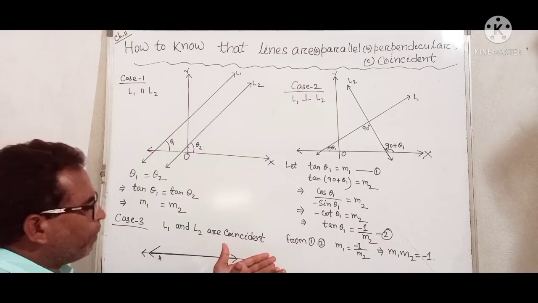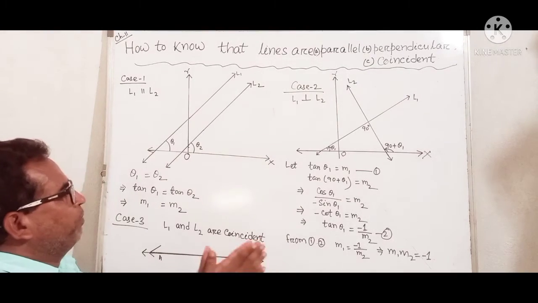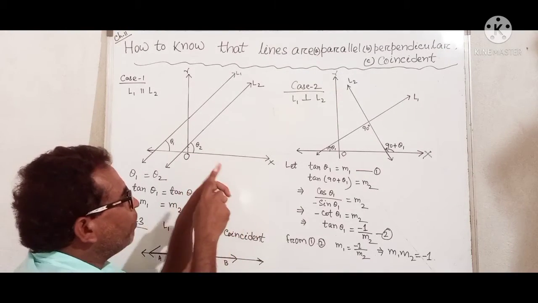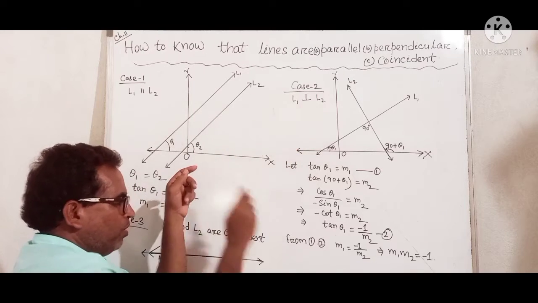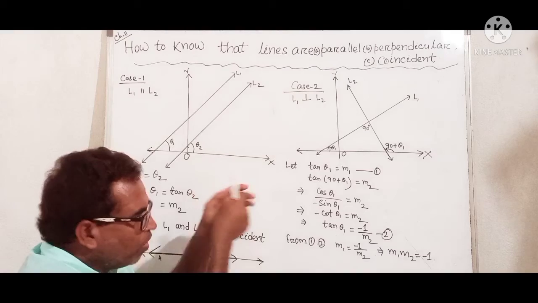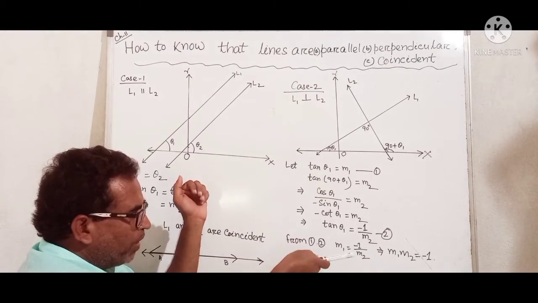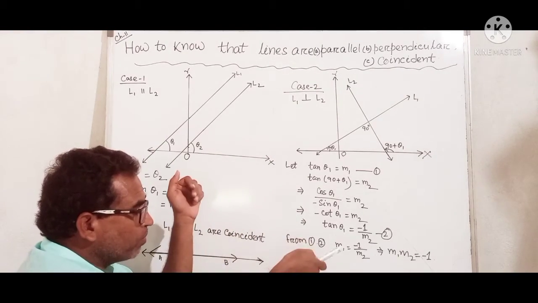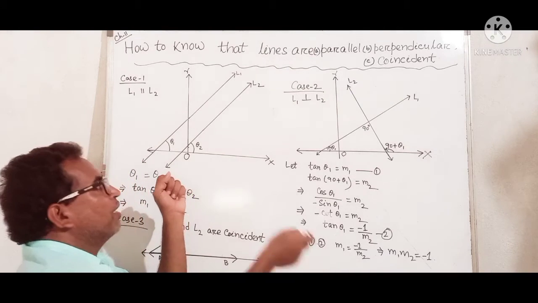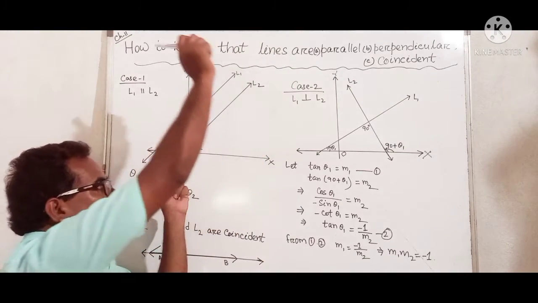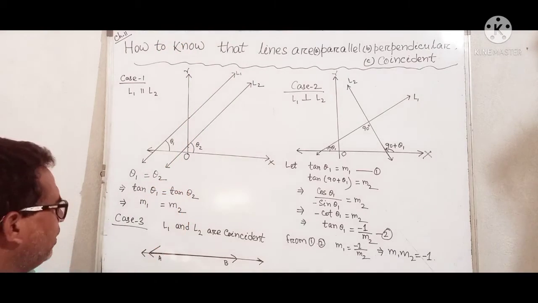So we found two concepts: if L1 is perpendicular to L2, then the product of slopes will be minus 1, and if the product of slopes is equal to minus 1, then the two lines will be perpendicular.